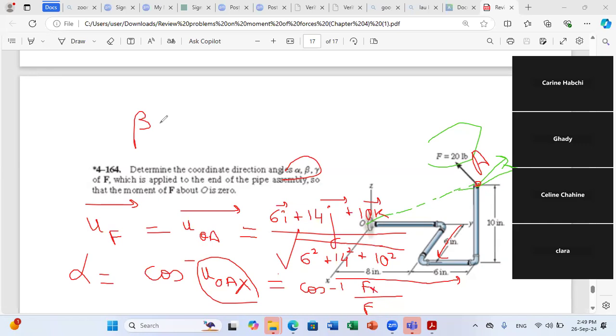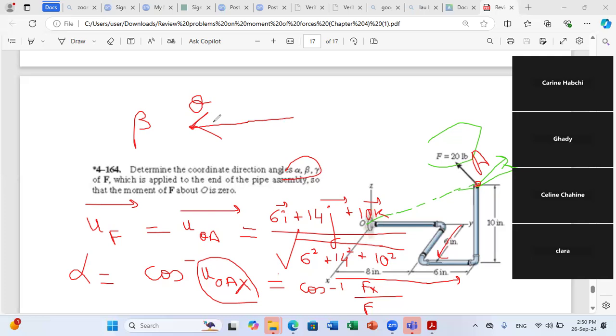Perpendicular? No, it should pass by the point. If I tell you you have a point O, and the force should do a moment about O of 0, the only case where a force about a point will do a moment of 0 is when the force passes by the point.